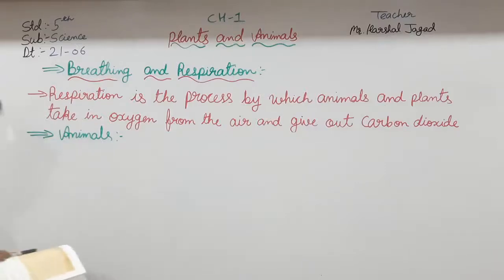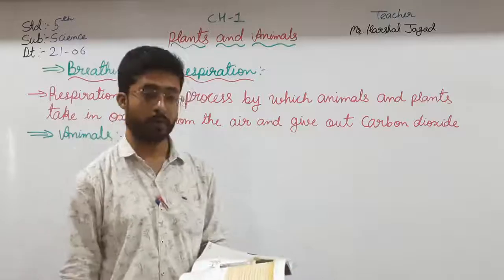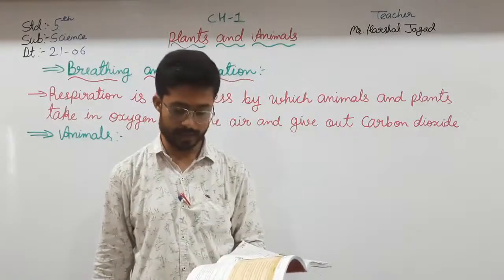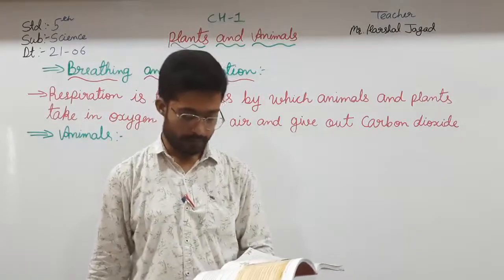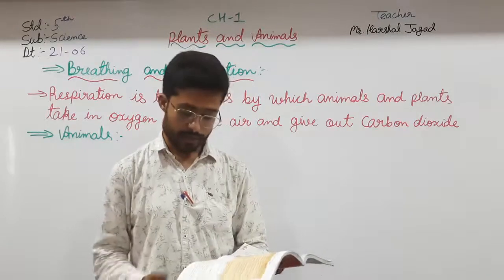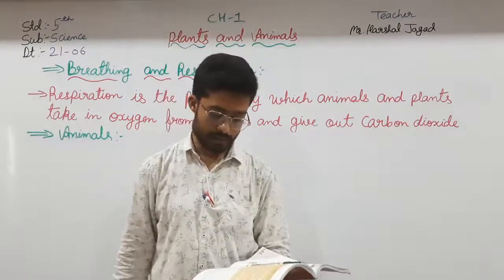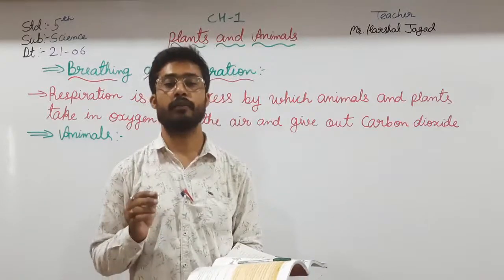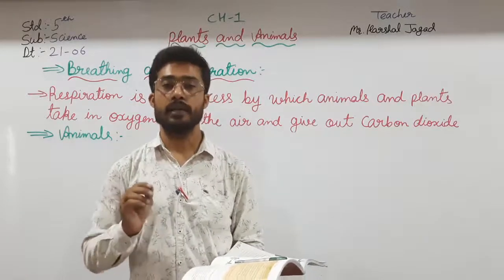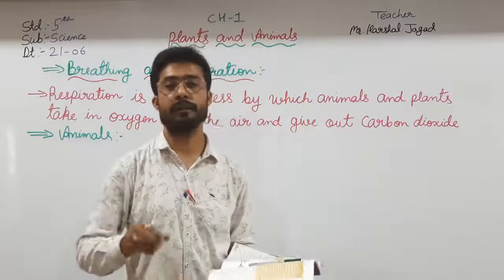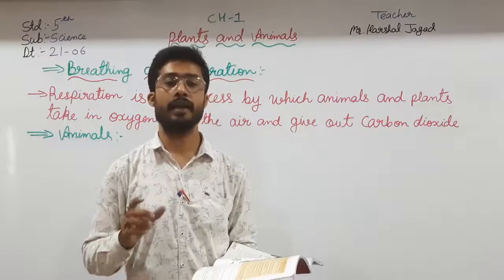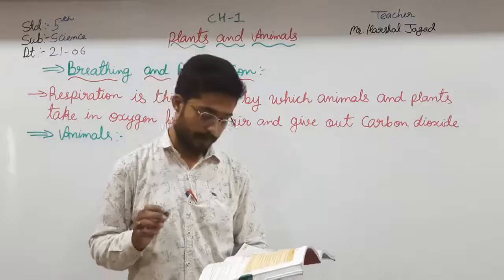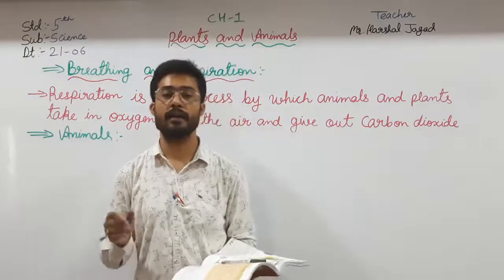See here, some animals such as frogs breathe through their skin when they are in water, and through their lungs when they are on land. Here they are talking about the frog. When they are in the water they breathe through their skin, and when they are on land they breathe through their lungs.